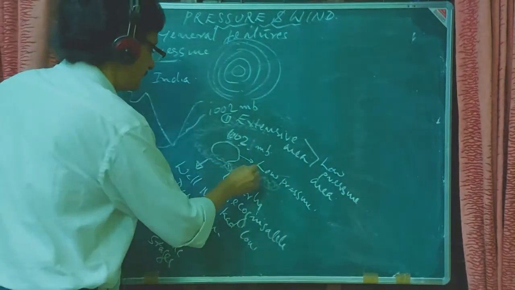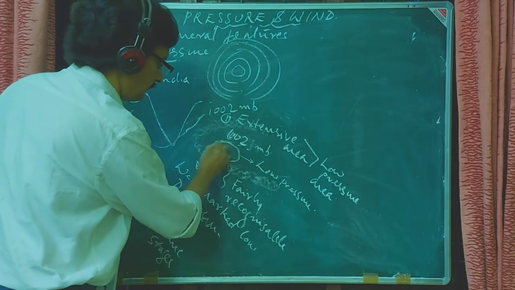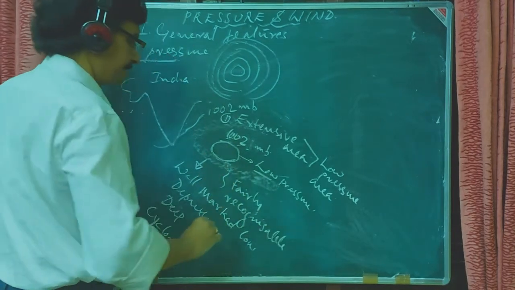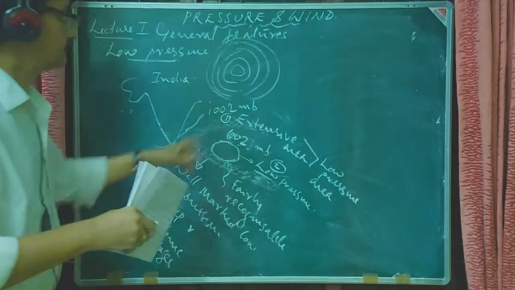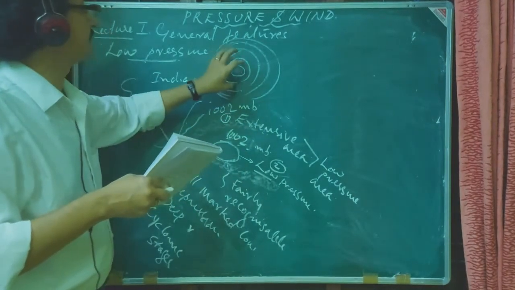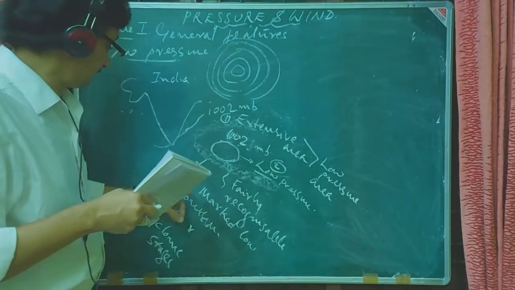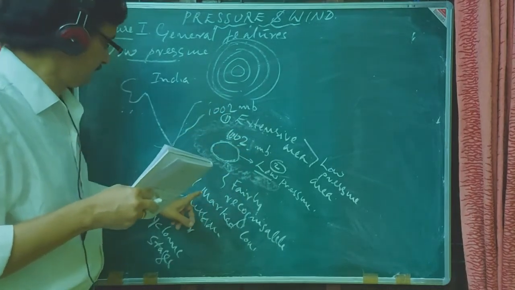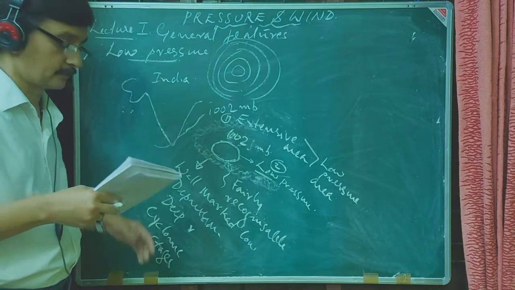Then we have seen a fairly recognizable contour of low, that is called a low. And if this low pressure has several rings or several contours, depending on the intensity, we can call it a well-marked low, depression, deep depression, or cyclonic stage.